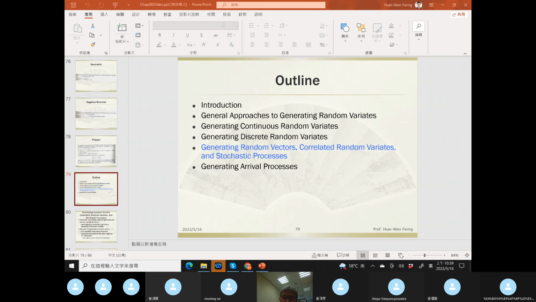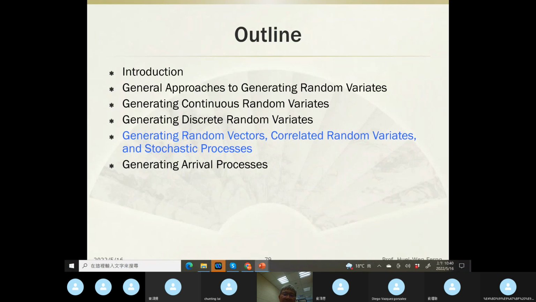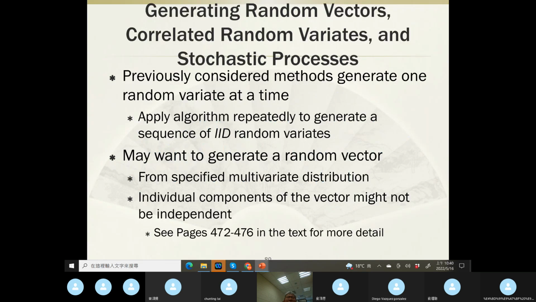Okay, so next one, in fact, I skip it. In fact, you can generate random variables so that sometimes you can generate random vectors. If you generate random vectors, then you need to consider the correlation, and so that you can consider the stochastic process. But I seldom use it.